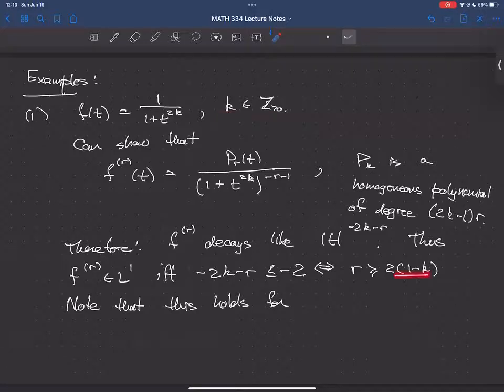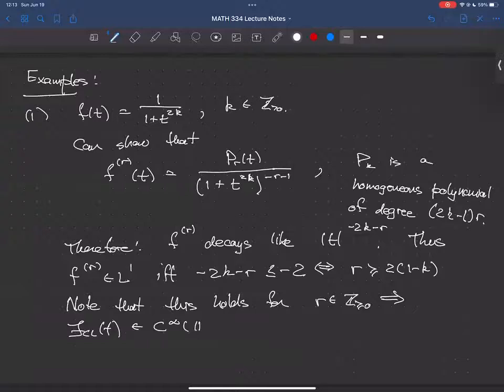As k gets larger, this is only going to get smaller, and so the point is that this holds for every r. And so what I can conclude from that is that the CCFT of f is infinitely differentiable. Oh, sorry, I'm doing the opposite thing here.